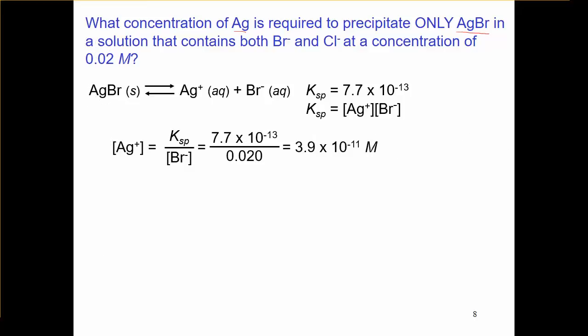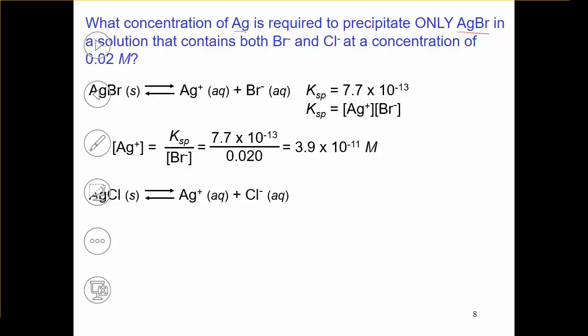So 7.7 times 10 to the negative 13 is my KSP, divided by the concentration of bromine, which is 0.02 molar, and I get 3.9 times 10 to the negative 11 molar silver. Okay, this would allow me to precipitate the bromine.